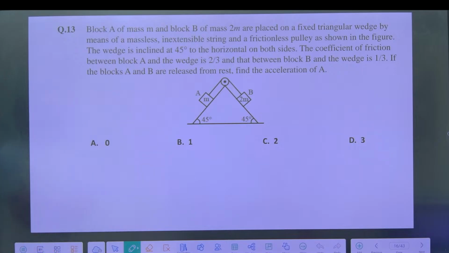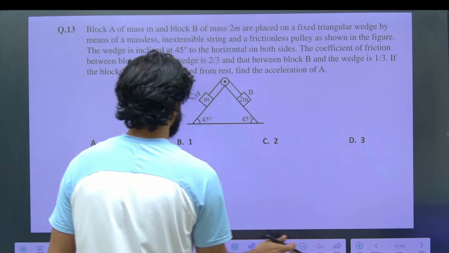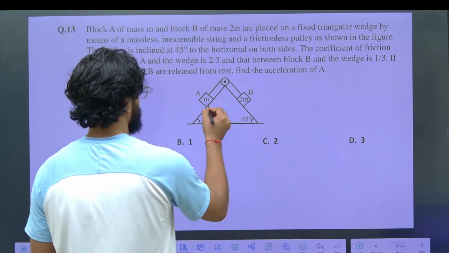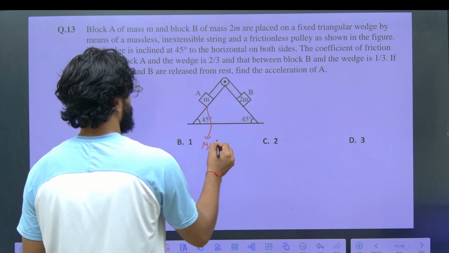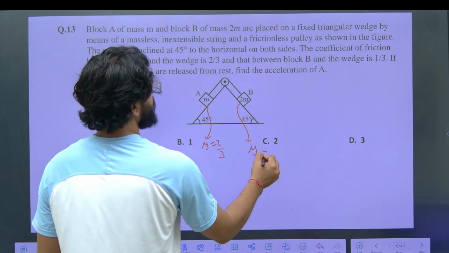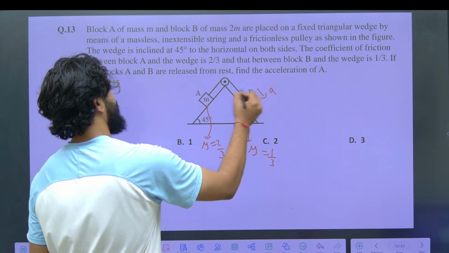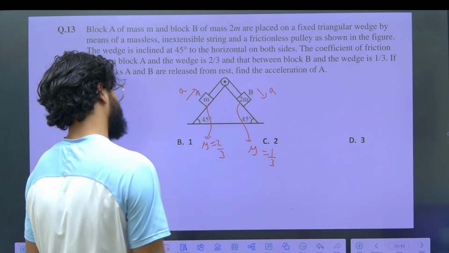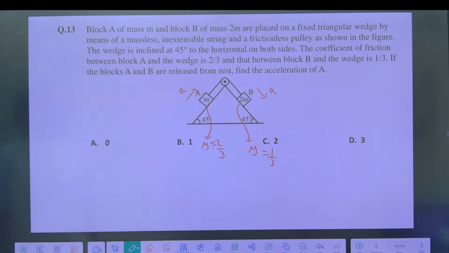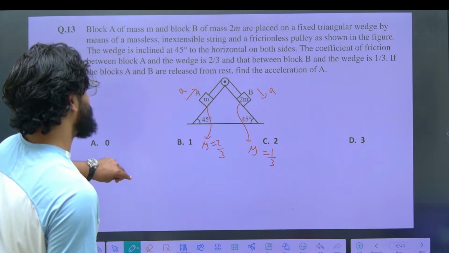The coefficient of friction between block A and wedge is 2/3, and over here it is 1/3. So clearly the acceleration will be like this. If blocks A and B are released from rest, find the acceleration of A. Okay. Correct.